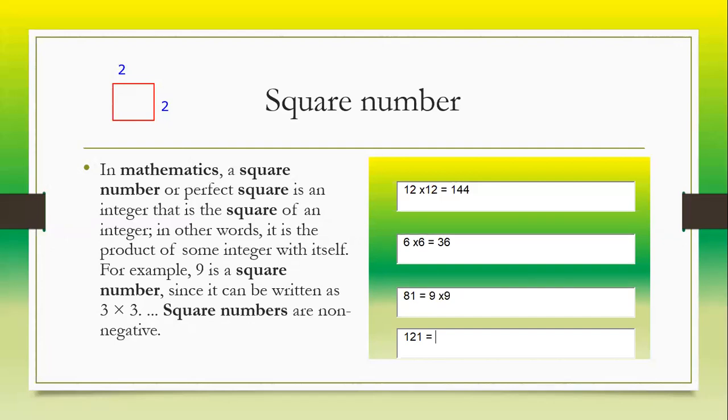Sir, why don't you show a different way? If you divide, you get the square number. It's easier for you than the times tables. Alright, so just use it.